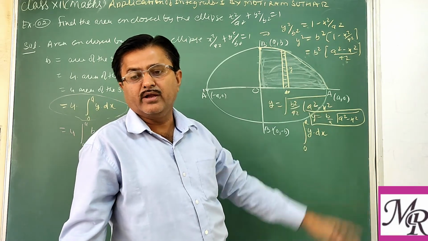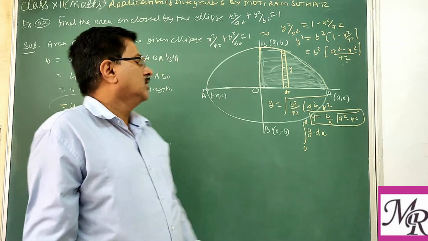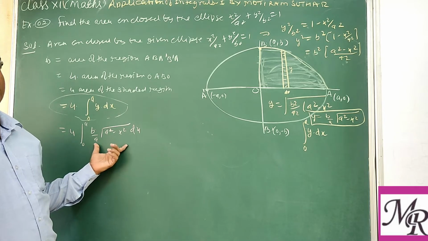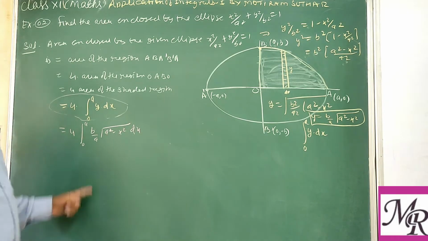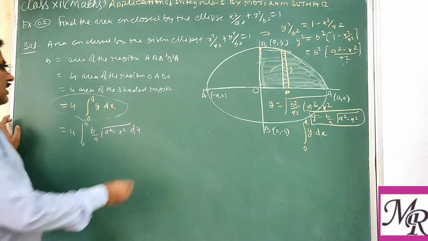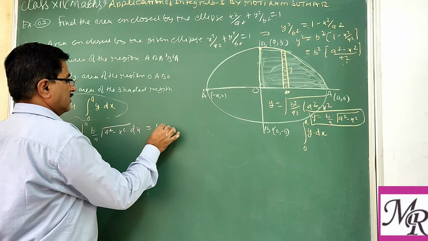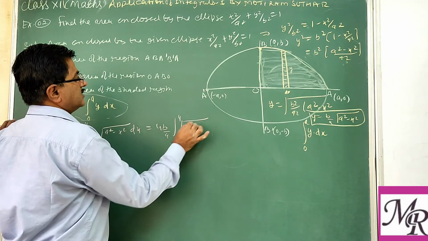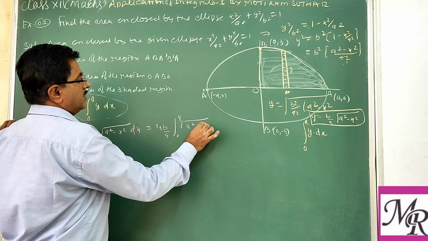That is very important. After these three things, you can use the definite integral and its different formulas. So here b upon a is a constant, so that can be taken outside the integral sign. Now again, this is the same formula as the previous one.